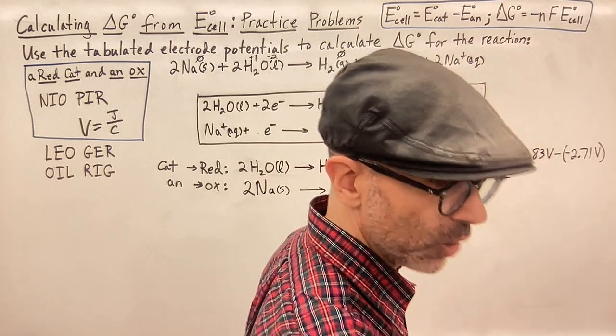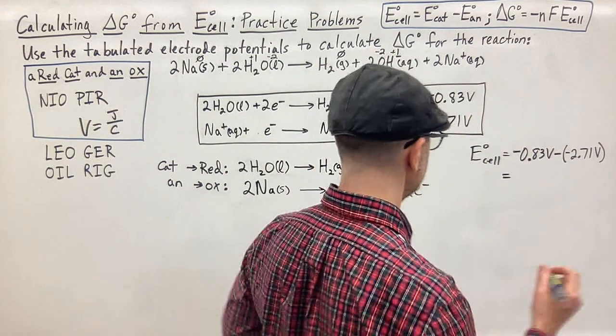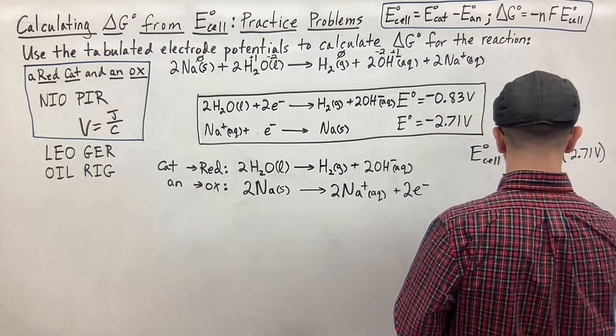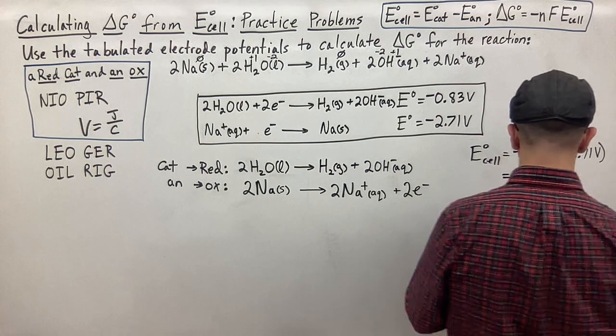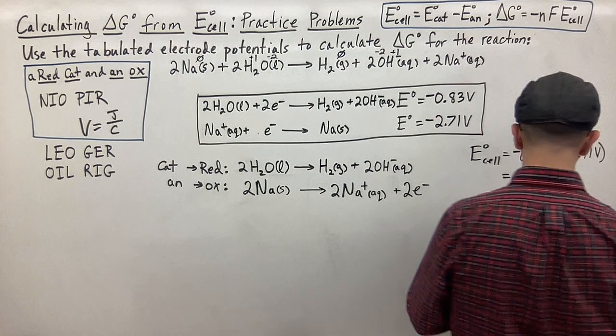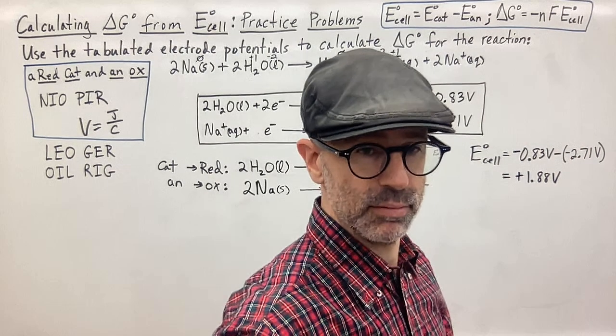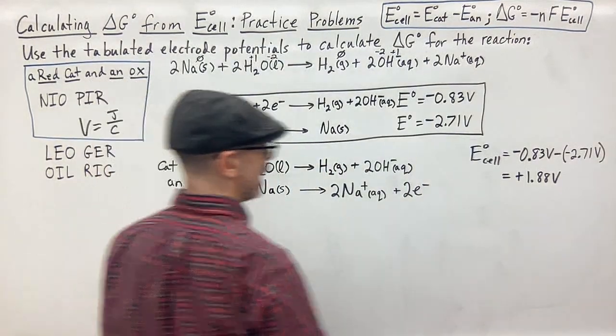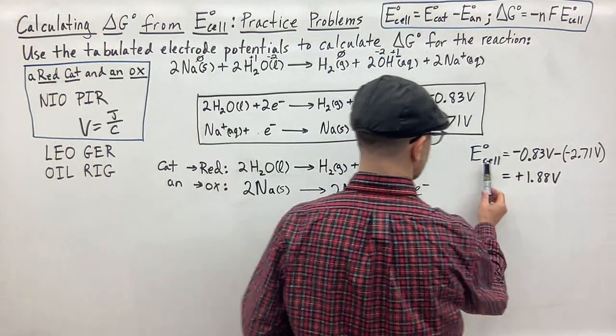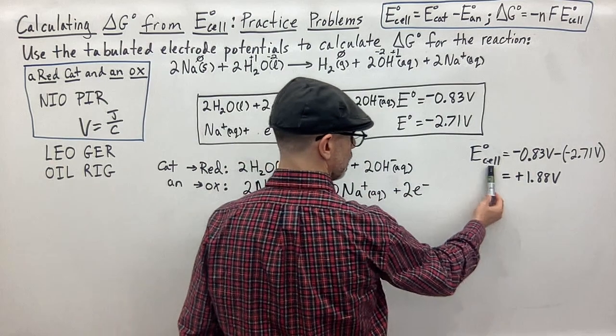Positive 1.88. So that's going to be a positive 1.88 volts. Let me double check that. Okay, that is correct. And so we got our standard electropotential of the cell.